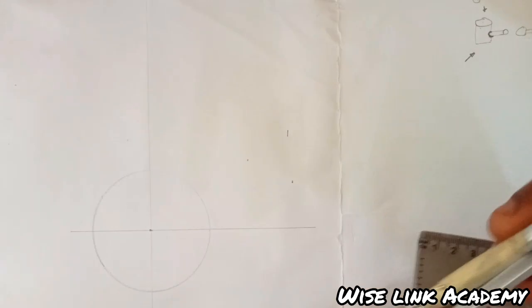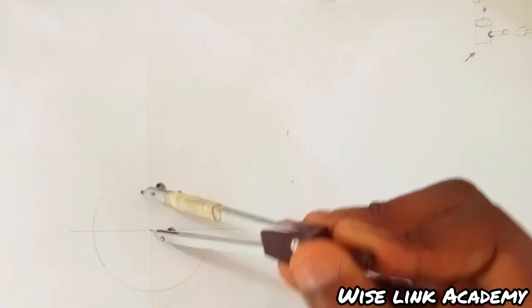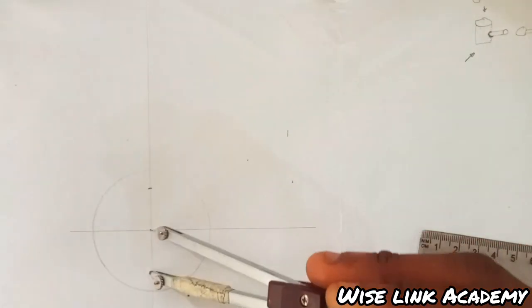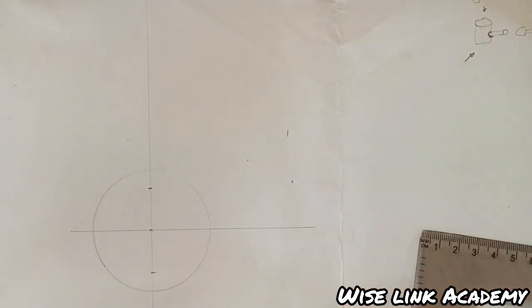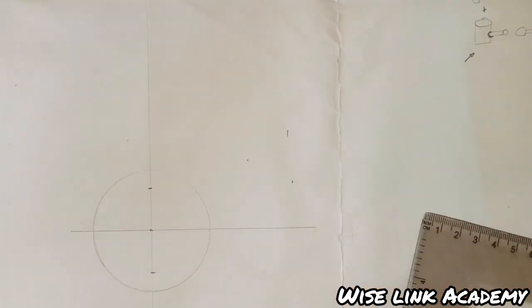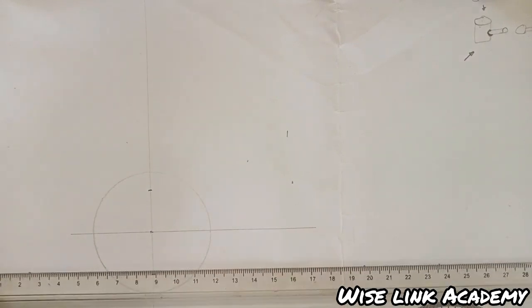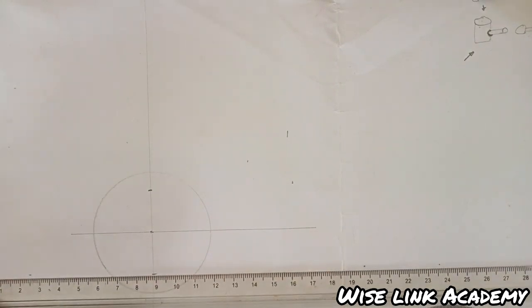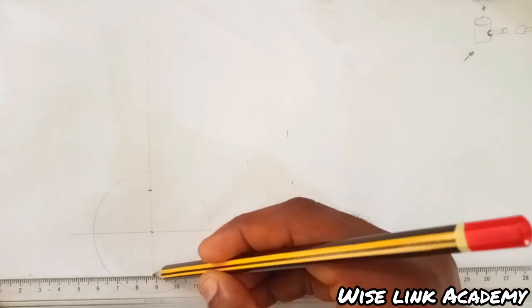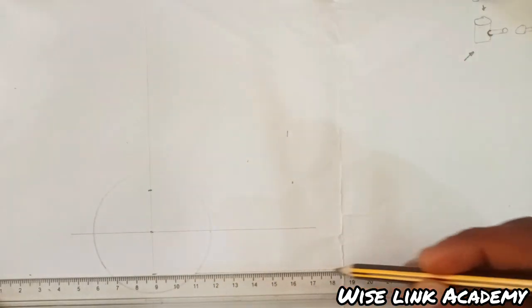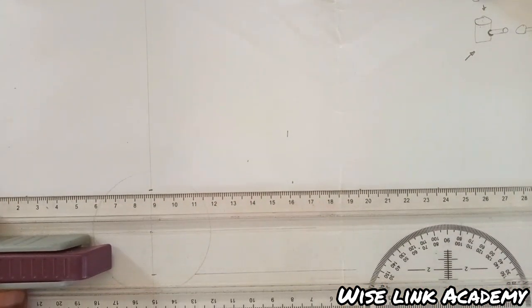As you can see, we place it at the center point, an arc upward, an arc downward. The next thing to do is to transfer the arc to the circumference of the circle. That is, you draw it from here. This point here is this point here. Draw it outside this way and come to another point here.